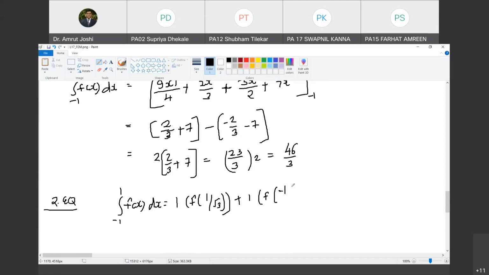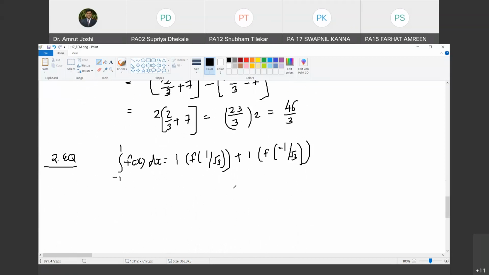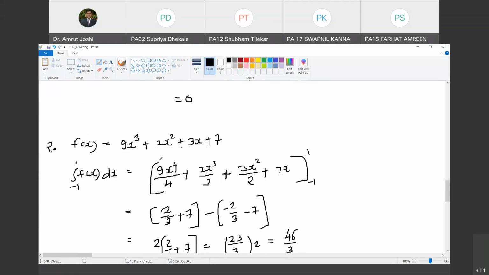Whatever the nature of the polynomial, for 2-point Gauss quadrature, these are the weights and these are the points. You are evaluating the function only at 2 points in the domain, -1 by root 3 and +1 by root 3, and the weights associated with them are 1.